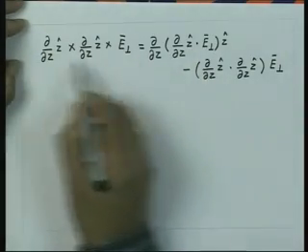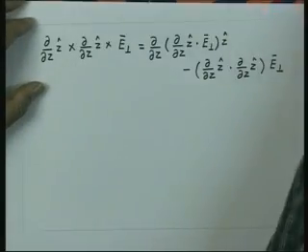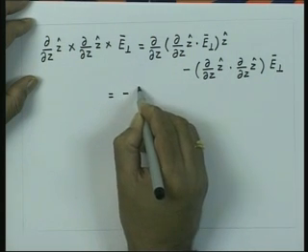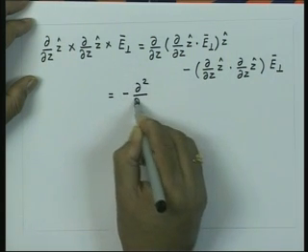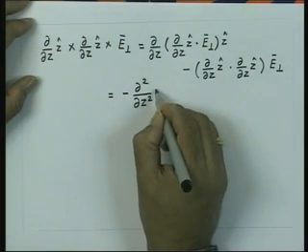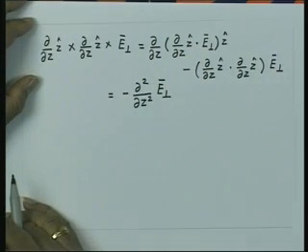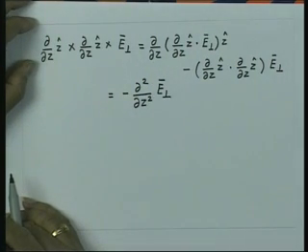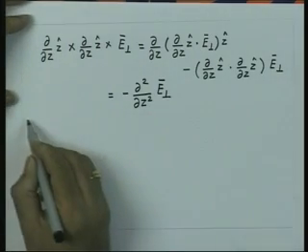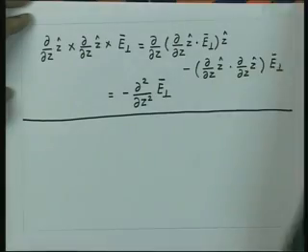The first product is essentially minus d2 by dz square E transverse. This is one simplification we got for this term.